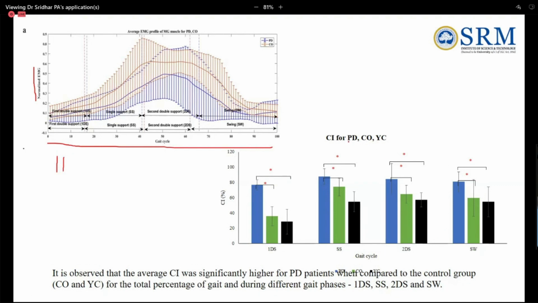We recorded the age-matched control because both are in a similar age group, and then we have a young control group here. So we can see the young control group across the gait cycle, this is your CI percentage, the area of the muscle activity.